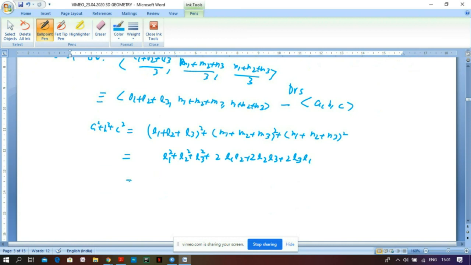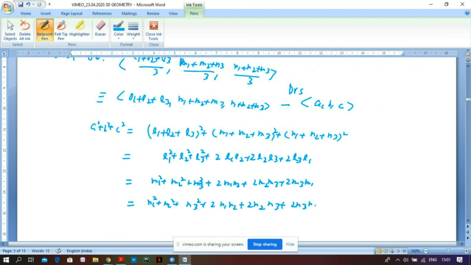And then M1 square plus M2 square plus M3 square plus 2 M1 M2 plus 2 M2 M3 plus 2 M3 M1, and N1 square plus N2 square plus N3 square plus 2 N1 N2 plus 2 N2 N3 plus 2 N3 N1.